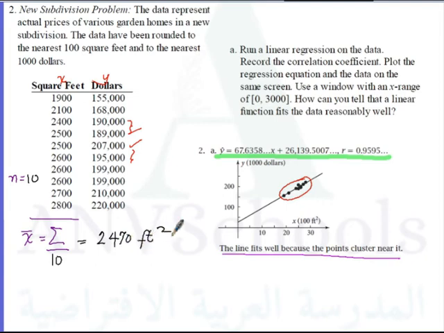2,470 square feet. And our mean for y is equal to the summation of the y over 10 also. So this will give us 193,200 dollars.